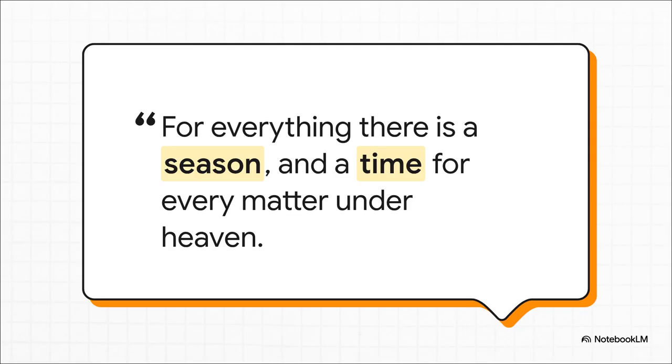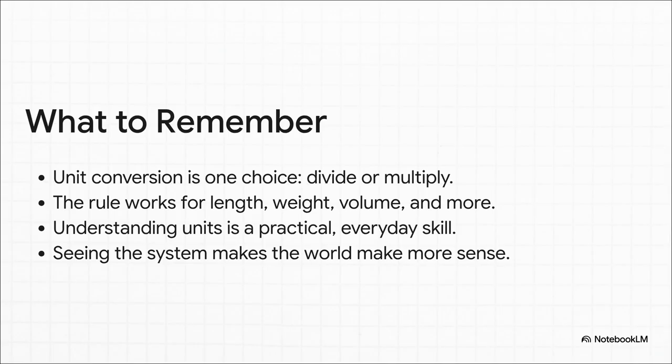It just has its own language, and now you know how to speak it. So what's the bottom line? All unit conversion really comes down to is a single choice. Are you going to divide up or multiply down? It's a simple skill that works for length, weight, volume, you name it. And honestly, seeing that system behind it all just makes the world feel a little bit less chaotic, doesn't it?